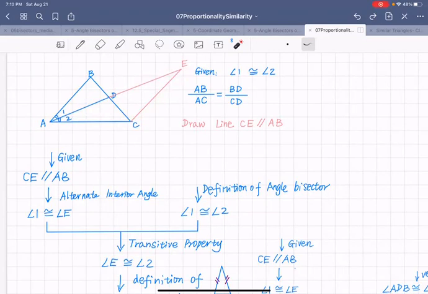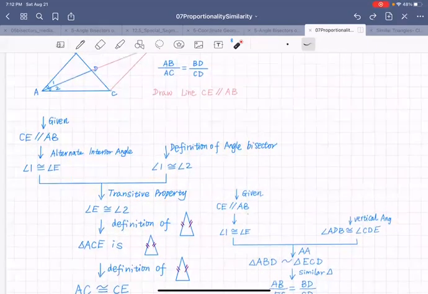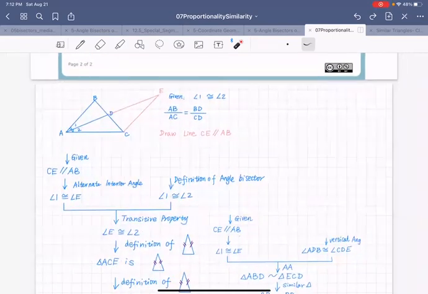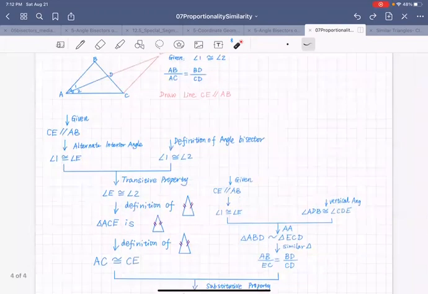If this guy is an isosceles triangle, you can also say AC congruent to CE. Because in an isosceles triangle, your two sides also equal. So you can tell AC is congruent to CE.